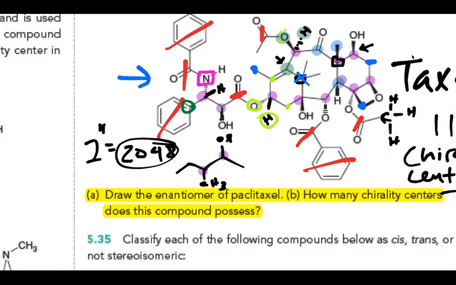And at the end, I'm sure they had to do some type of purification to isolate this one stereoisomer. But that's not a small feat to have the potential for 2048 stereoisomers, and yet you only end up with this one.